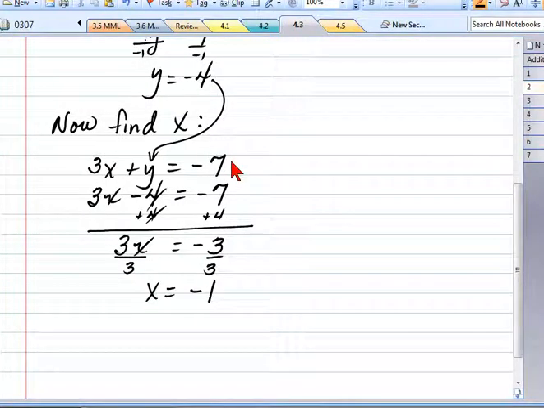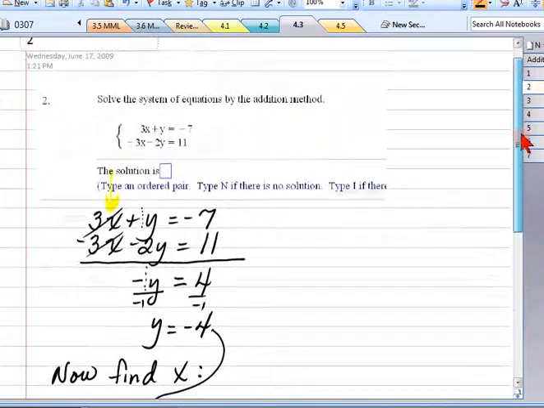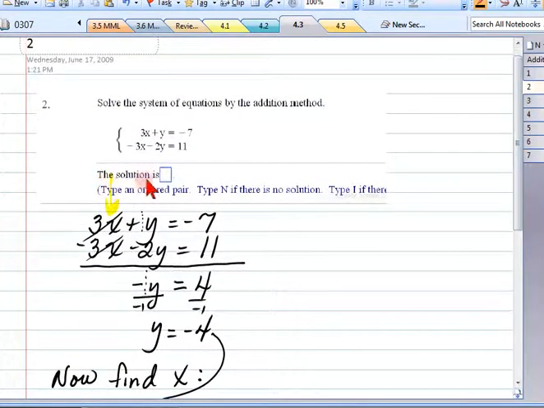So that's basically it, you just put y equals and x equals. Well, in this particular lesson, if I go all the way back up to the question, it says the solution is, in this lesson, you're still doing ordered pairs. But when we get to 4.5, we won't do ordered pairs anymore. So for this one, the answer is negative 1, just like that. Okay?